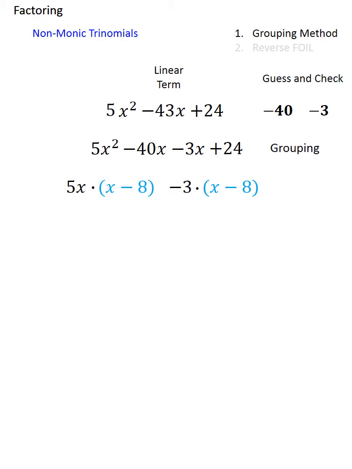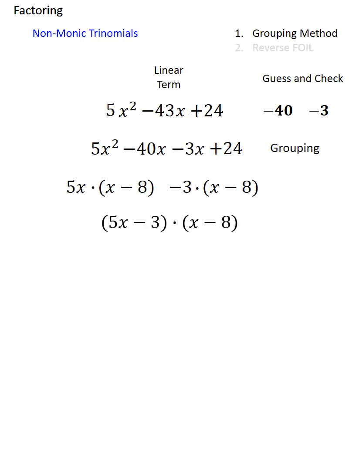So count on those things in blue matching. And you may also remember that when we factor that out, we only get one of them. And the GCF of each pair is used to form our second factor. That completes the grouping, and it completes the factorization of this problem, and method 1 for non-monic trinomials.